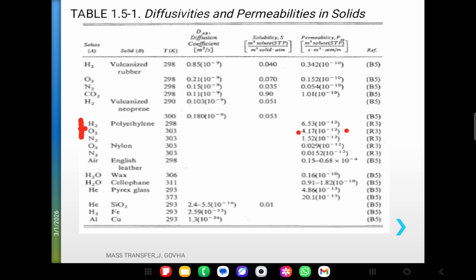We also don't have diffusion coefficient data there. So we get that value as indicated there, 417.